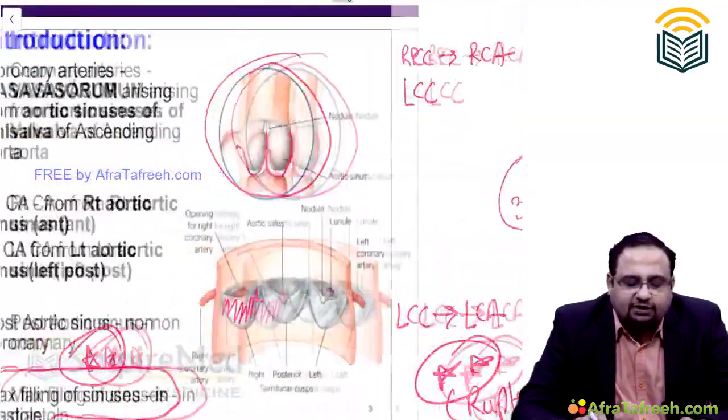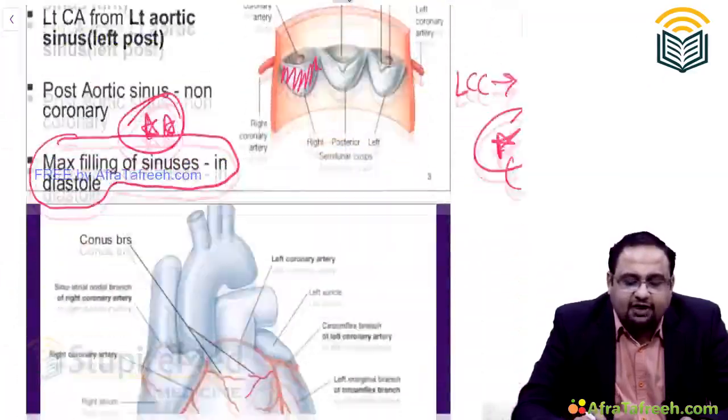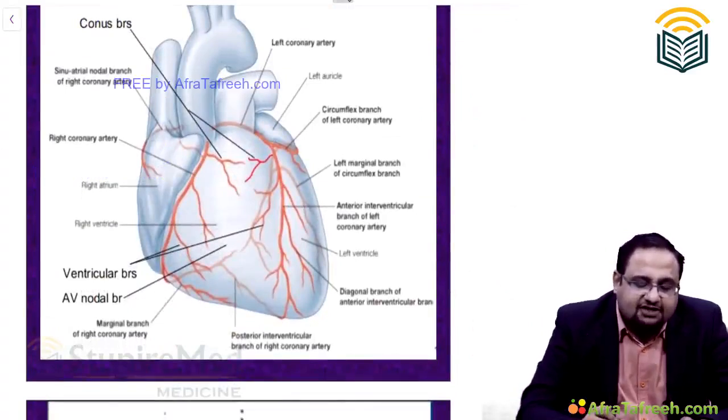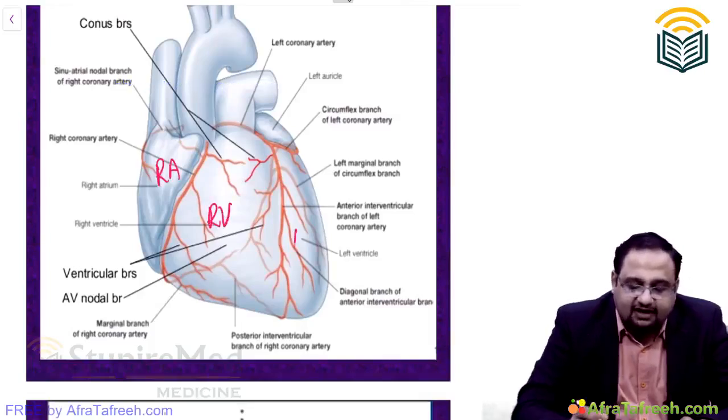Okay, coming back to the anatomy, we do know that there are two coronary arteries. This is the right atrium, this is the right ventricle, and this is the left ventricle. You can see this is the interventricular septum, which divides the left ventricle and the right ventricle.